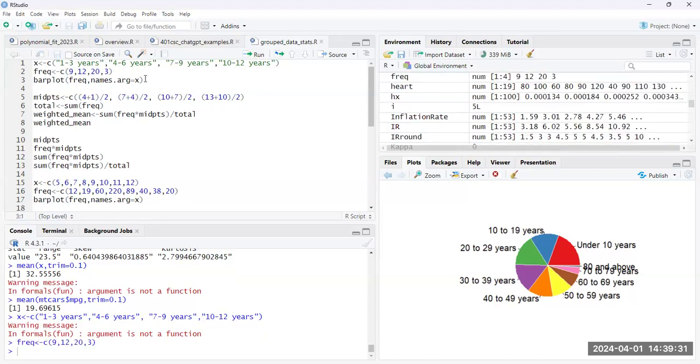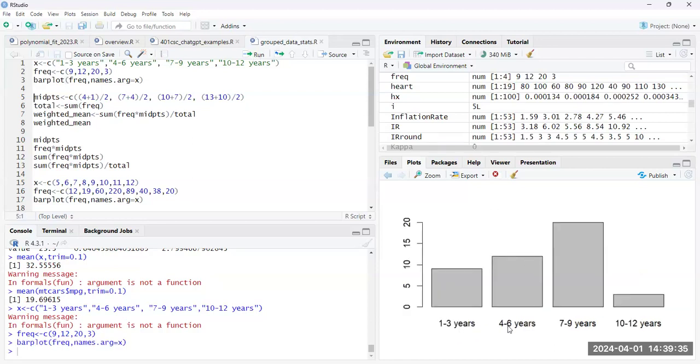Now, if I create a bar plot of this, then my labels are listed here. My arguments are the names of my categories, and we can see the counts are being used as the bin heights.